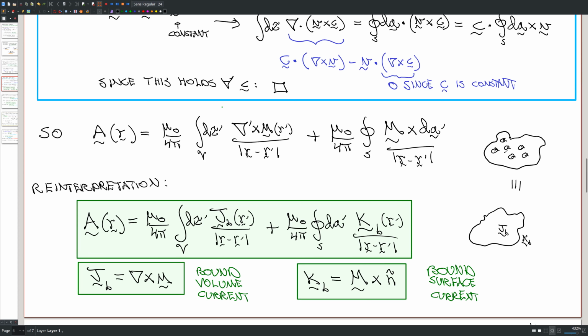Okay, so the magnetic field issuing from these two situations is absolutely mathematically the same.